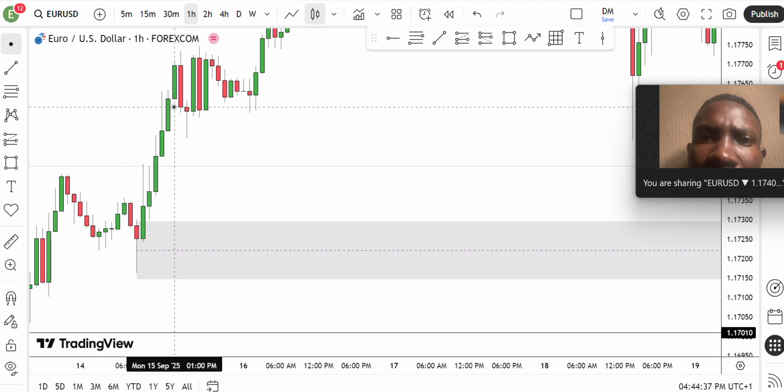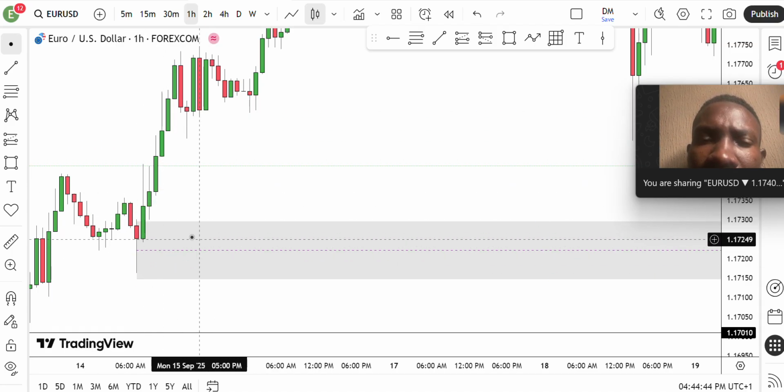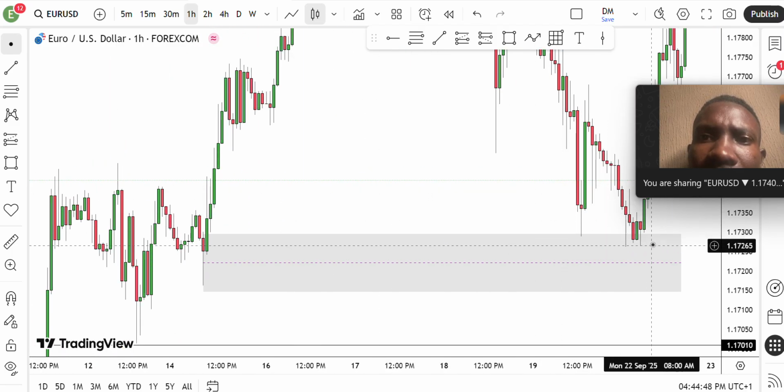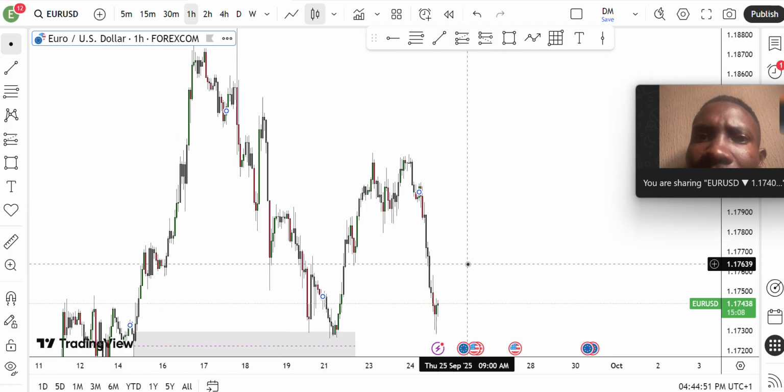The person who started to buy from here will still have some amount of money left here, that price will come into so that it will pick its order and price will continue from there. So that is just what an order block is.